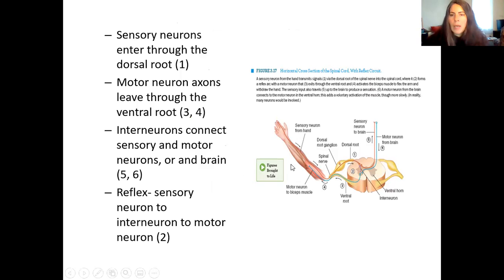And here we have a section of the spinal column. And as you can see, there's this H looking portion of the spinal segment. Those are the cell bodies.